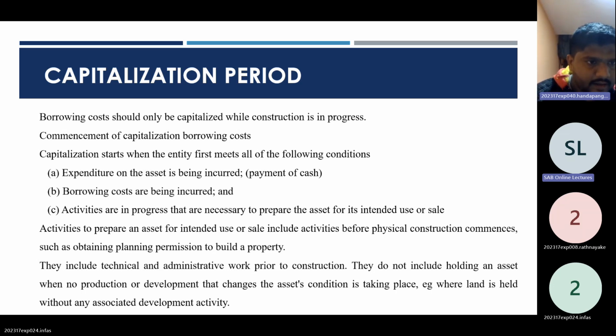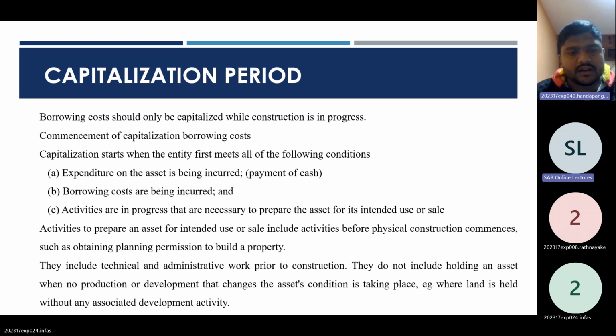In this example, it is mentioned that on 1st January 2023, the company obtained planning permission to build a new office building, and construction started on 1st March. For funding, they arranged a bank loan of 5 million, and the loan was taken from 1st April. The interest rate of the loan is 10% per annum.